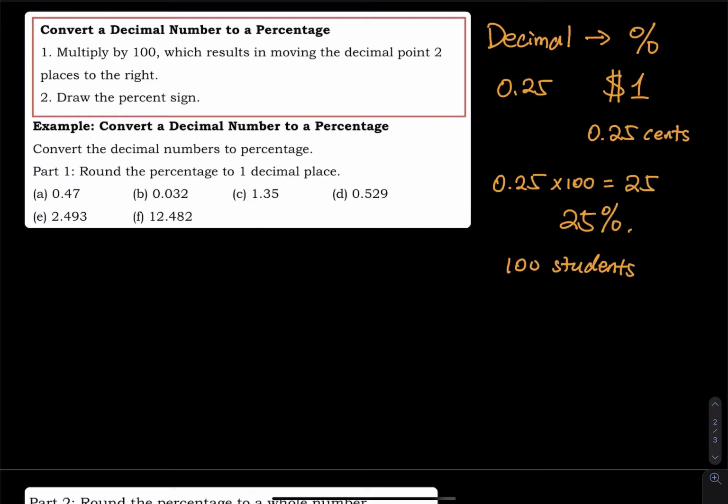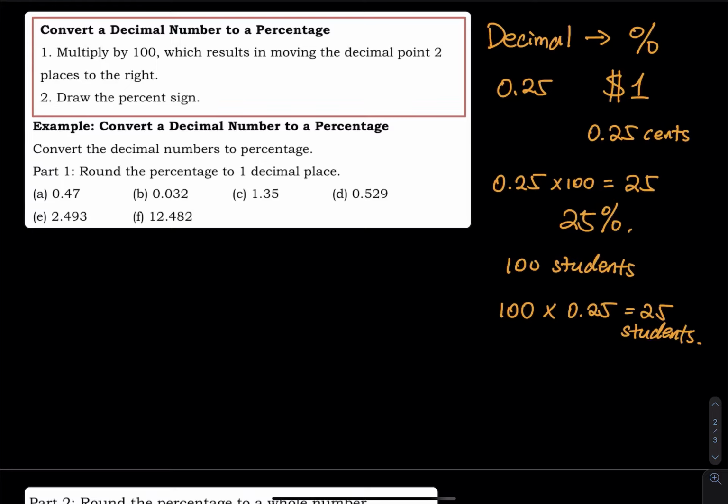That means a quarter of 100 got an A. So you take 100 and multiply by 0.25, and that gives you 25 students who received an A in this class. So the 25% is out of 100. Percentage always means per 100. So 25% is out of 100 people, 25 of them have something.